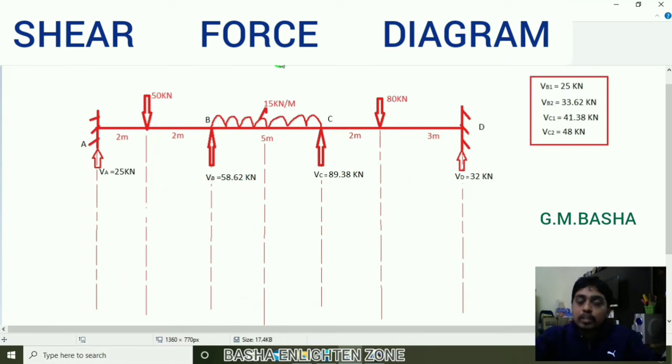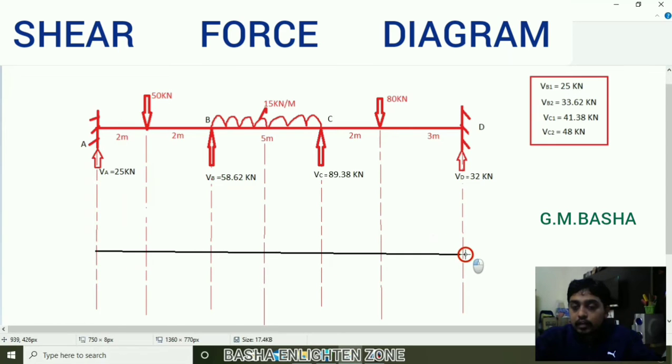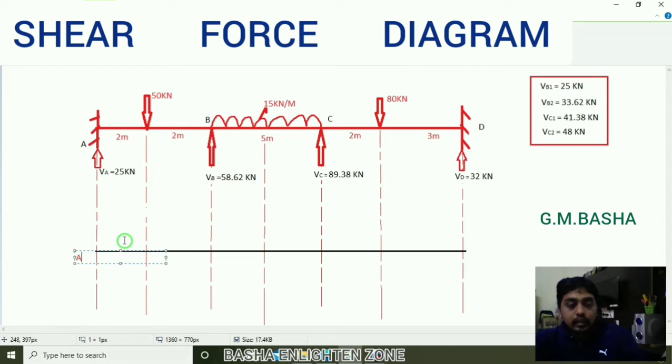So see here, based on that I am showing how to draw the shear force diagram. So this is the span, continuous beam span ABCD. If you want, I am mentioning the details also clearly here: A, B, C and D here.